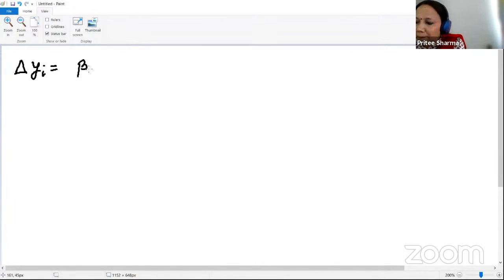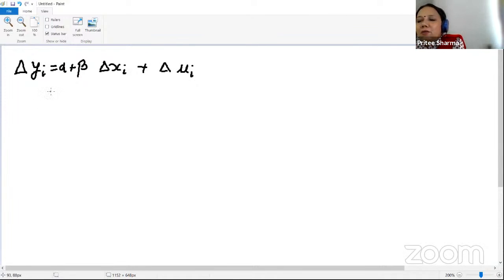delta xi, plus delta y, plus the intercept.